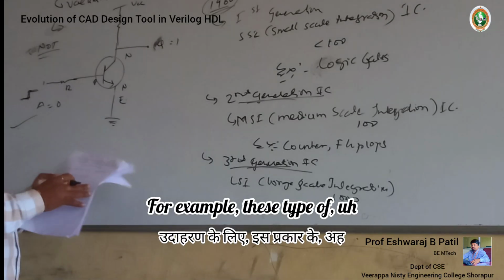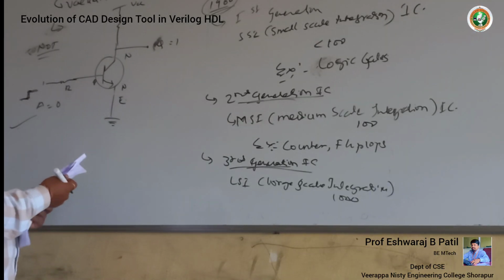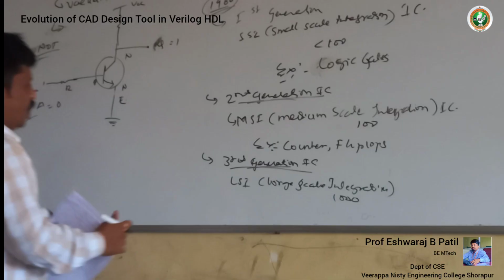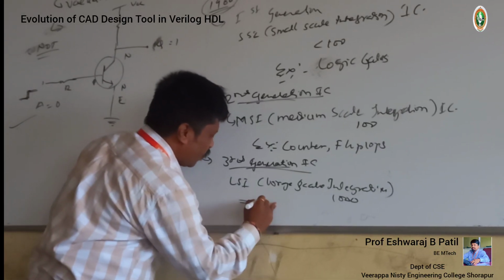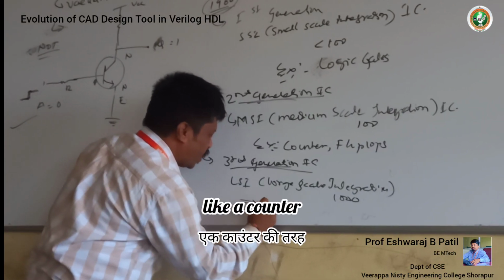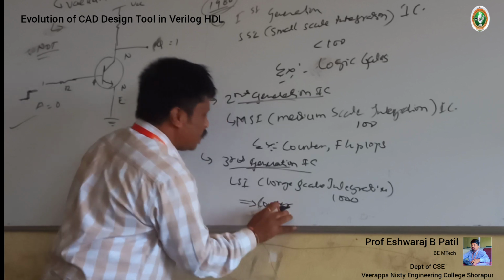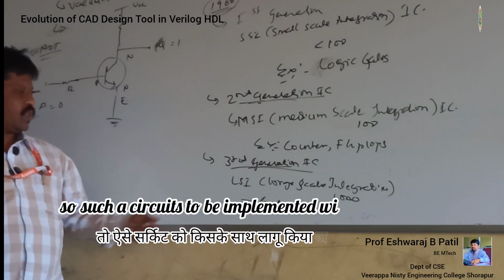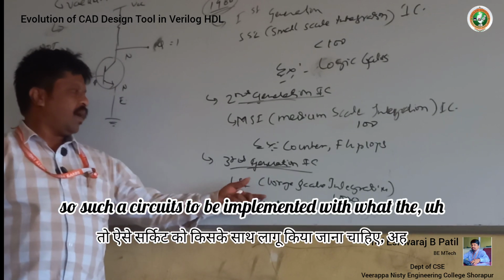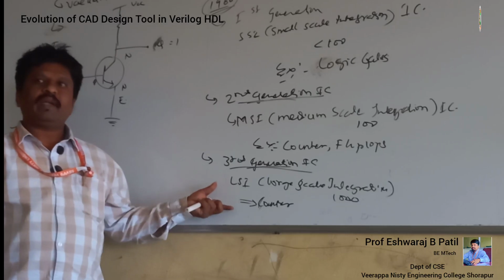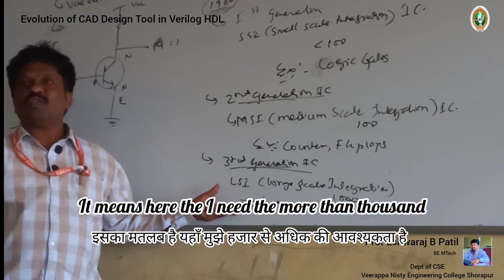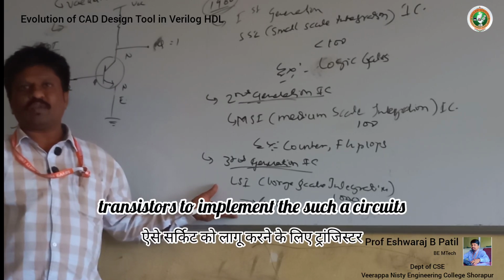For example, circuits like a counter are implemented with large scale integrated circuits. It means here I need more than 1000 transistors to implement such circuits.